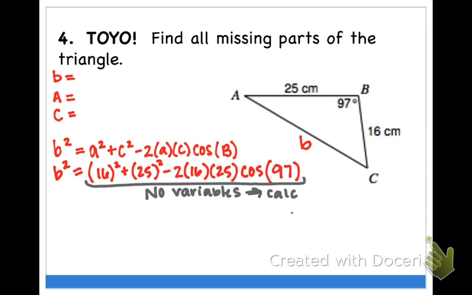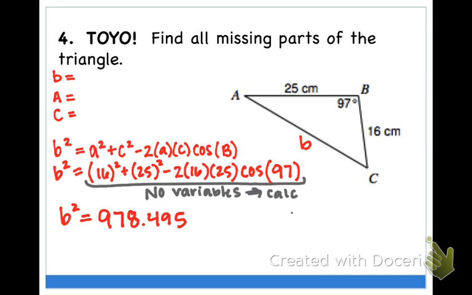So doing that, being careful with those parentheses, we get 16 squared plus 25 squared minus 2 times 16 times 25 cosine 97. And we should get that our B squared is equal to 978.495.